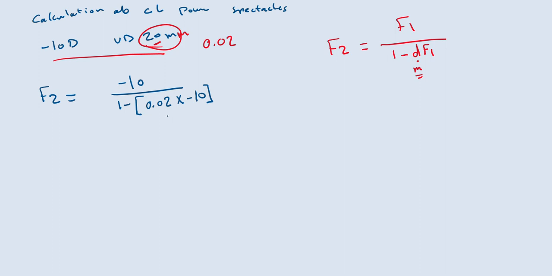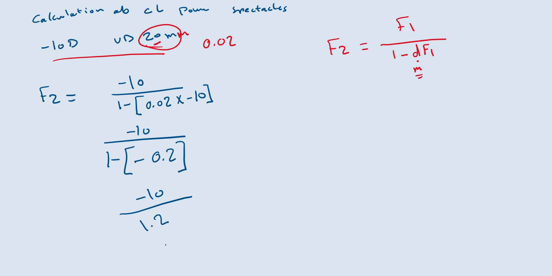So this would be -10 divided by 1 minus, open brackets, minus 0.2. So this takes us to -10 over 1.2, which equals nearly -8.33 diopters.